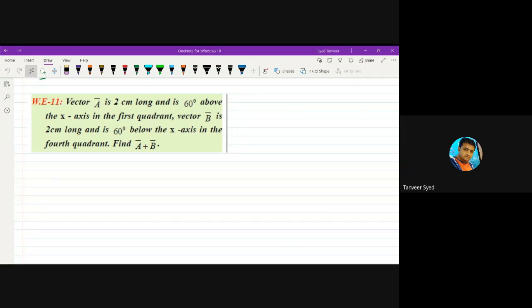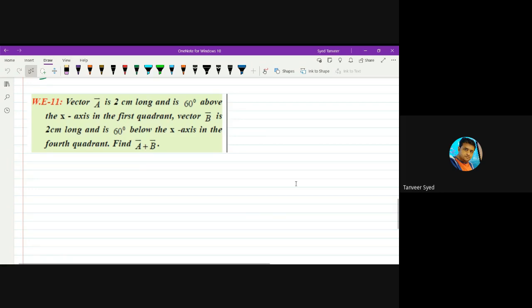Good. 2 i cap is the correct answer. The resultant of those two vectors will be 2 centimeter along the positive x direction.